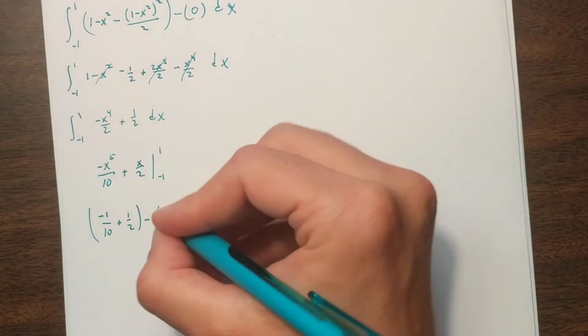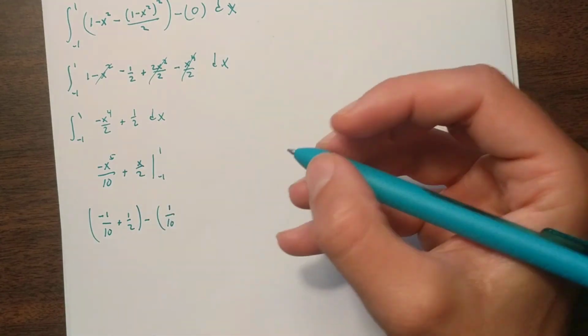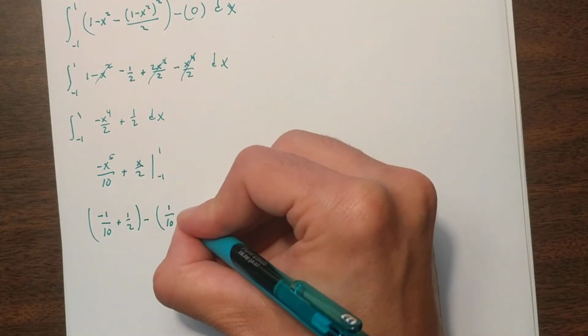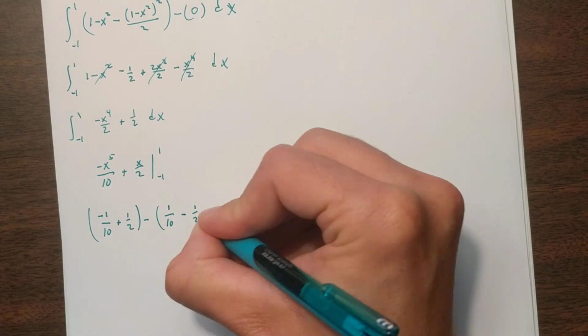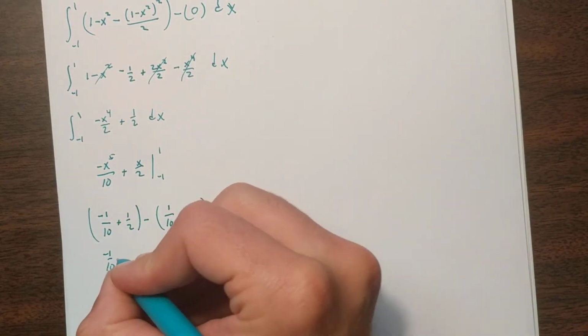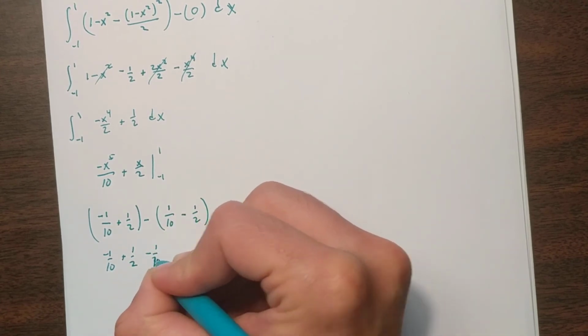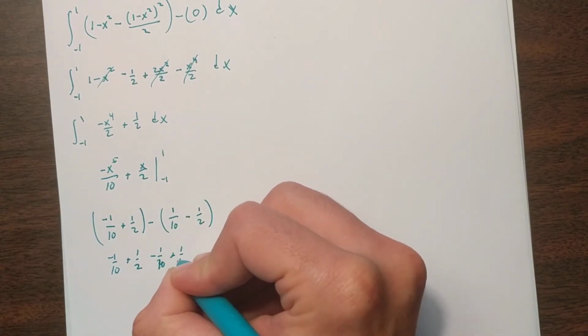When I plug in negative 1, I'm going to get a positive 1/10. And when I plug in negative 1 here, I'm going to also get a minus 1/2. So negative 1/10 plus 1/2 minus 1/10 plus 1/2.